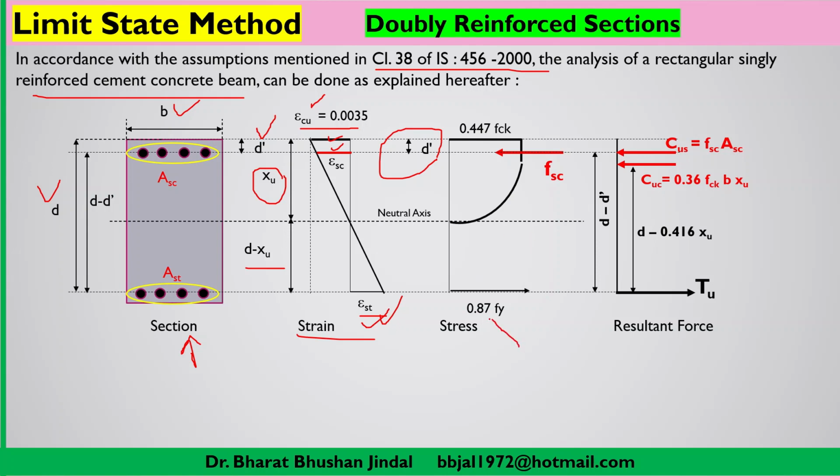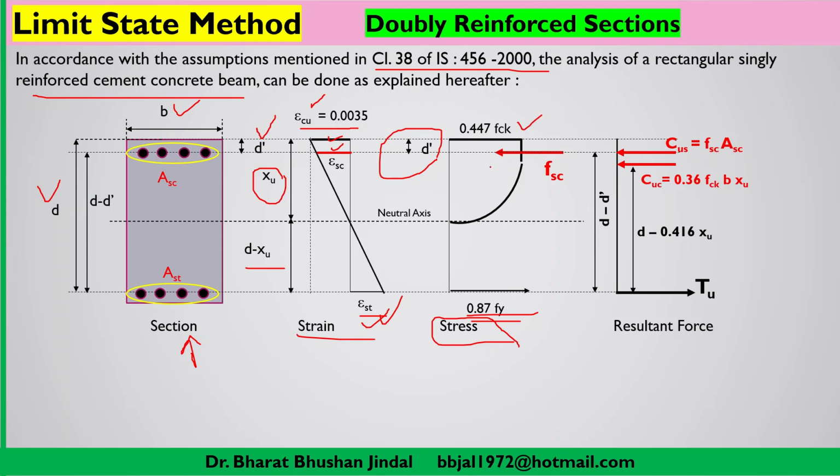Now the third diagram is the stress diagram, which we are going to discuss now. At the level of tensile steel, the stress value is 0.87 Fy, as we have discussed in the previous singly reinforced section also. Now there is only a small difference you can see here. At the topmost level, this is 0.447 FCK.